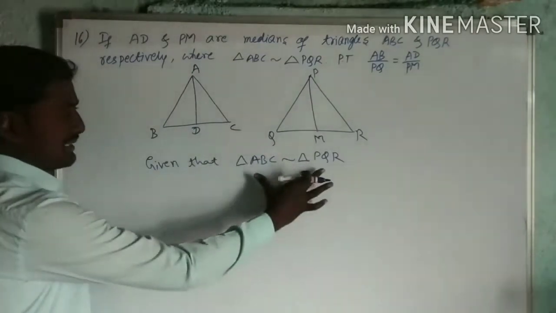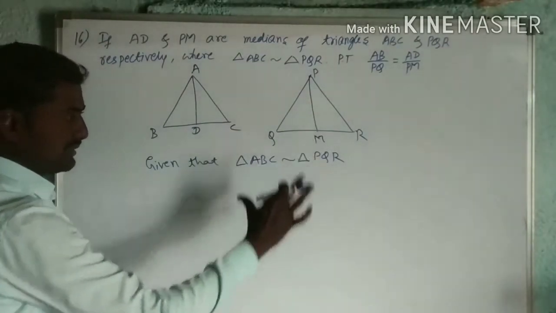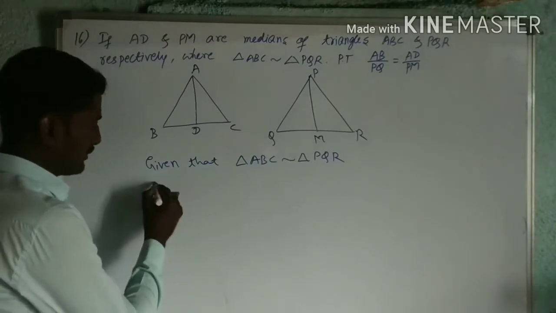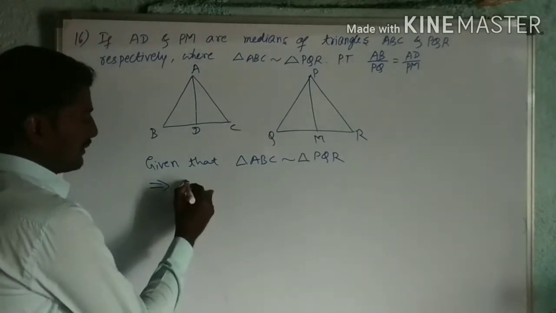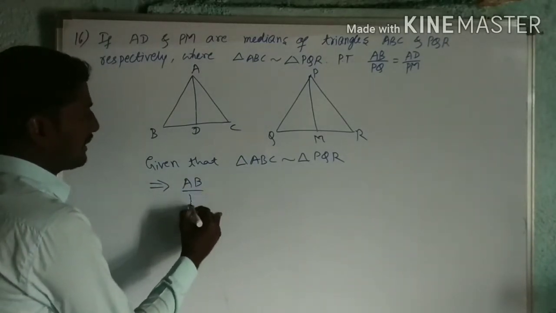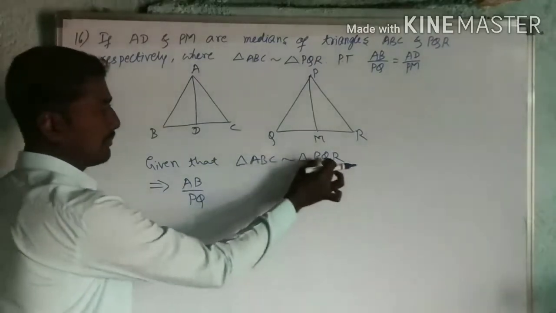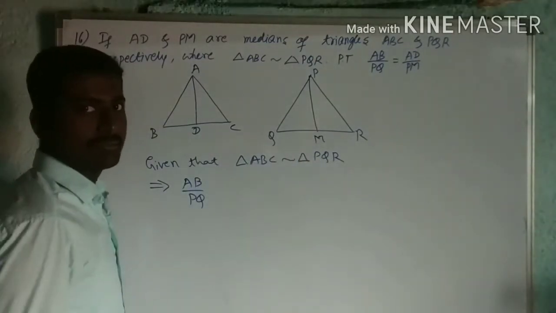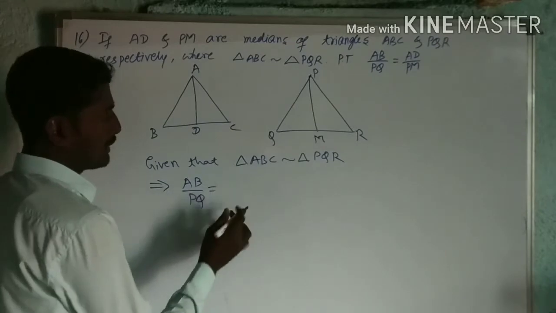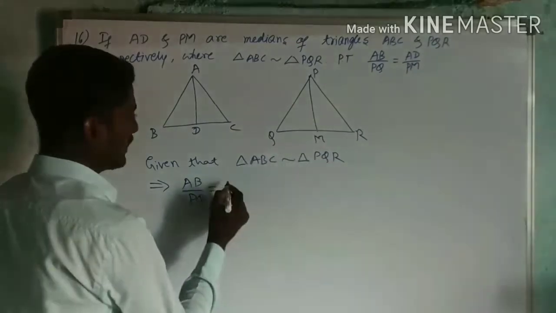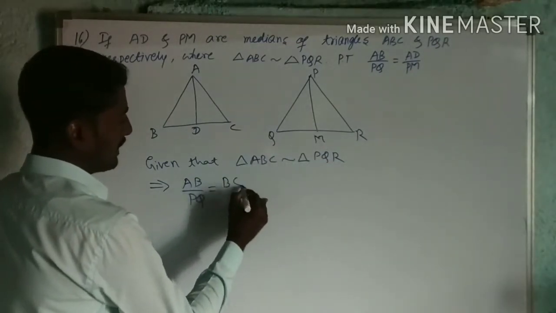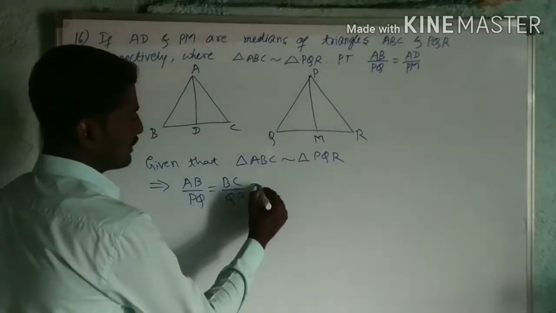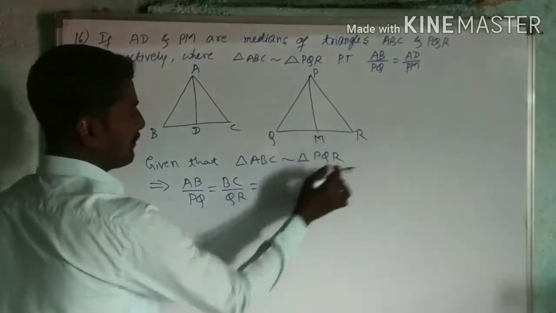Now they have given that these two triangles are similar. So this implies AB divided by PQ, corresponding sides are in the same ratio: AB by PQ, BC divided by QR is equal to AC divided by PR.